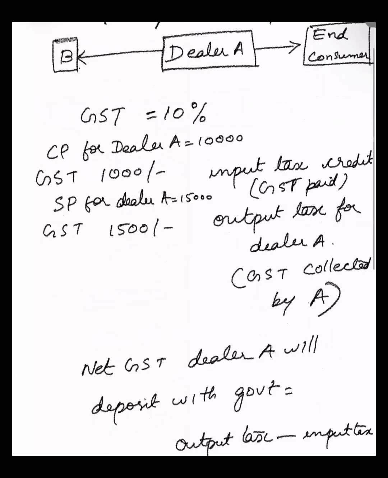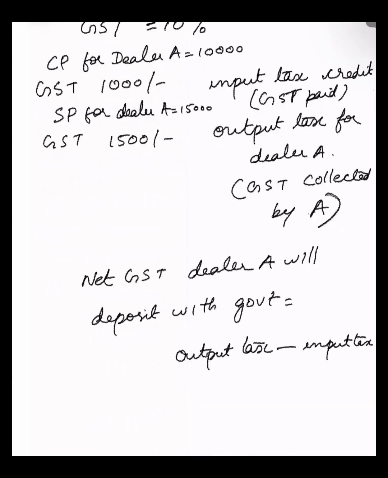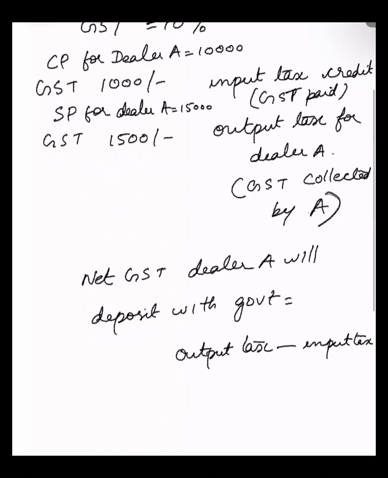Okay, so what is the GST that dealer A has to go and deposit with the government? That is called tax liability of dealer A.